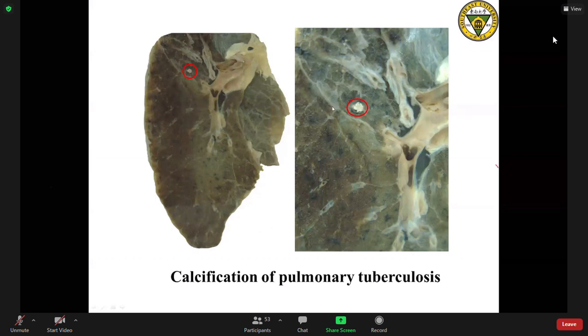Very small, okay? High power, it's white or pale calcium deposit in this area. This patient also has tuberculosis in the lungs, a primary tuberculosis, and first maybe exudation and some caseous necrosis or small caseous necrosis in this area, and then the calcium deposit can form the calcification.